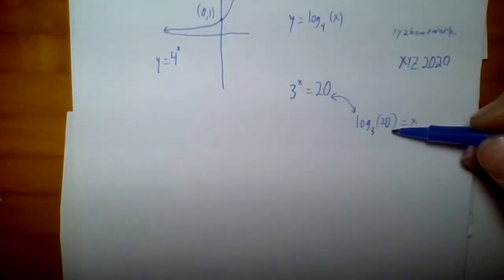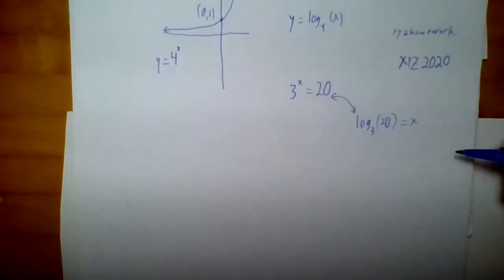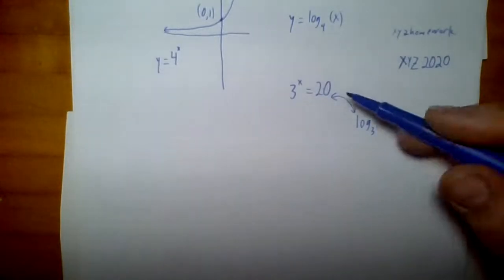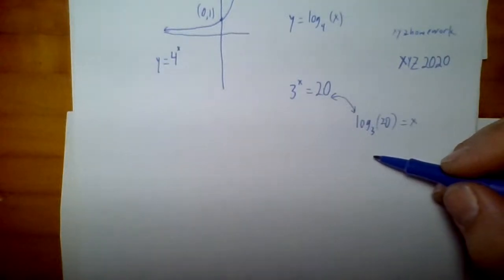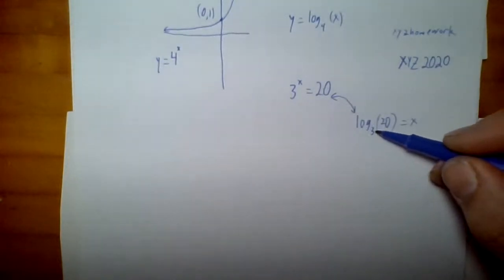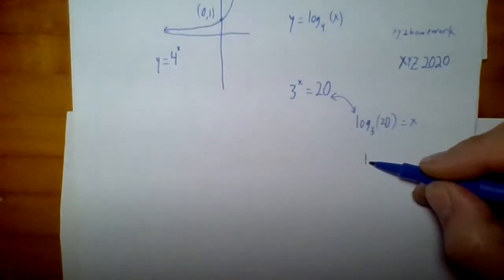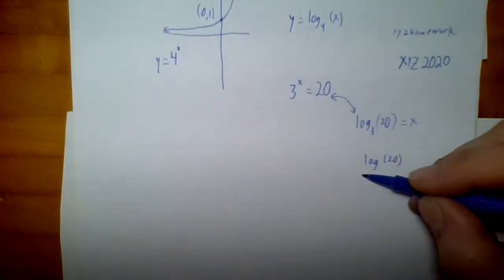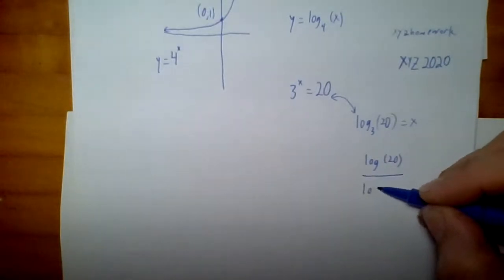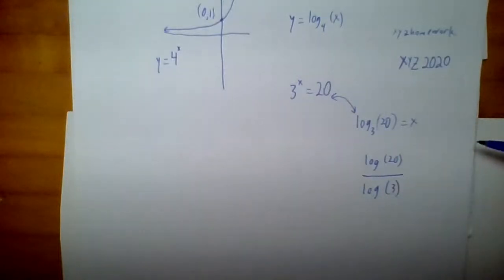I'm going to rewrite it using the change of base formula. I'm going to explain where this comes from, because it's a good illustration of the properties right here. But basically, I can calculate this using regular log of 20, if I just take the regular log of 20 and then divide by the log of the base that I'm trying to get rid of here.